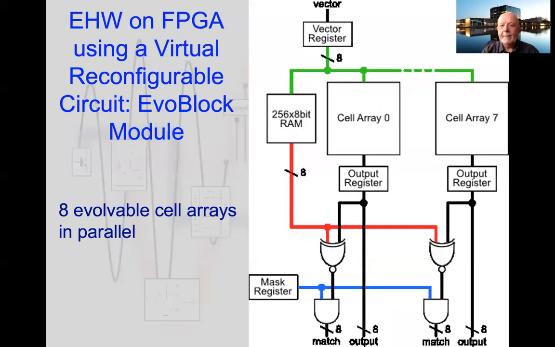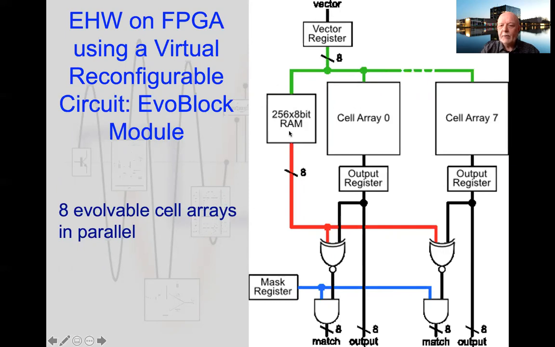Okay. And then again, depending how big your FPGA is, each of these cell arrays, which is one of those, you could have a number of those. So in this example here, and we'll see this used later, we've actually got 8 cell arrays running in parallel on one FPGA. We've got the input vector where the data is coming in.